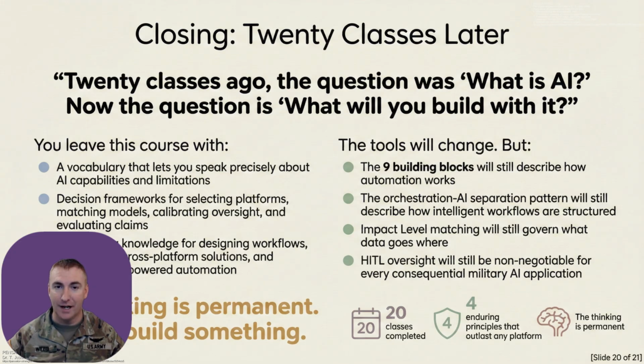The orchestration AI pattern will still describe how intelligent workflows are structured, and human-in-the-loop oversight will still be non-negotiable for every consequential military application of AI. You are not the same leader who walked into Class 1. Take that capability back to your unit. Find 1 process, automate it, prove the value. That is a journey worth being proud of.